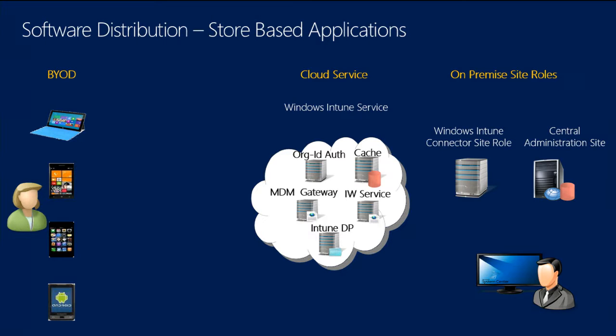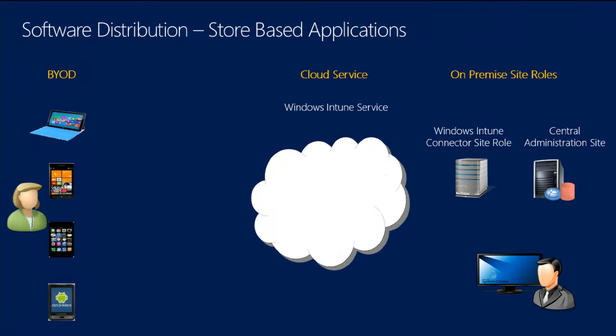This slide goes over the other option. In addition to deploying line of business apps which are created within the enterprise, we also provide the ability to link to applications which are in existing stores. They could be the Apple Store, the Windows Phone Store, the Windows Store. And the flow is very similar. The config manager UI has an option of creating deep links. So you would just create a new application or modify an existing application to add a deep link to an application in an existing app store.